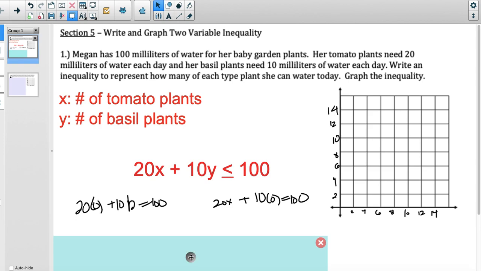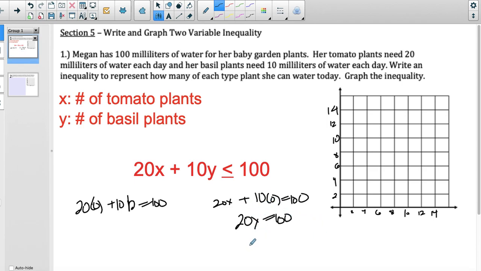When I plug in 0, that term cancels out, and we'd be left with 20x equals 100. Divide both sides by 20. If we had 0 basil, we could have 5 total tomato plants get watered.